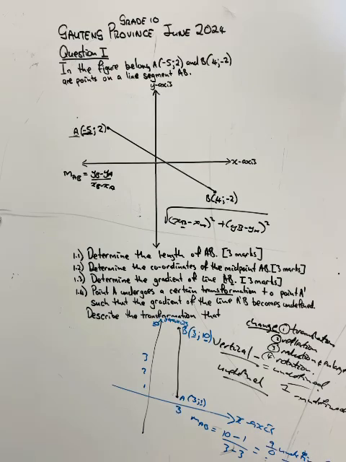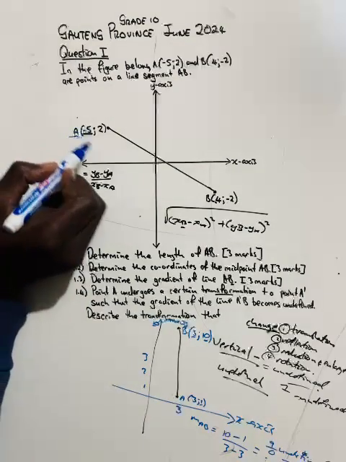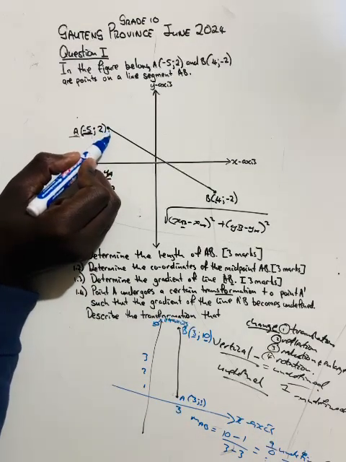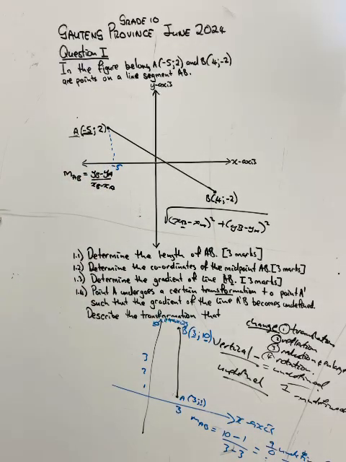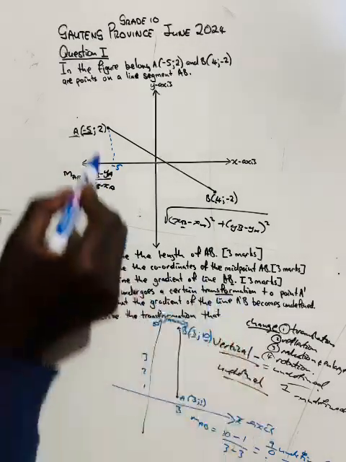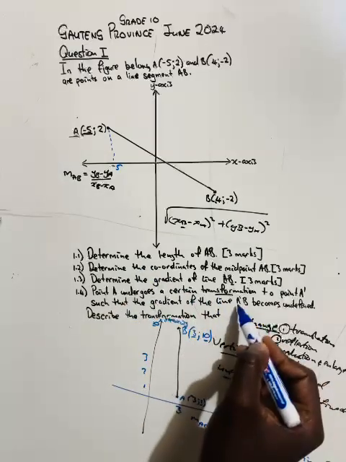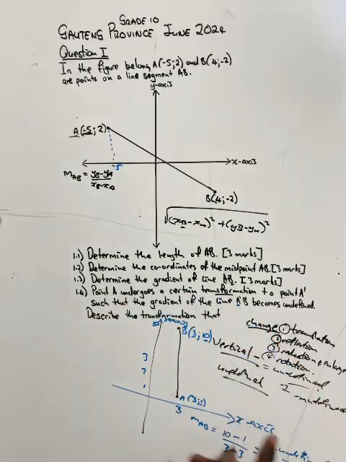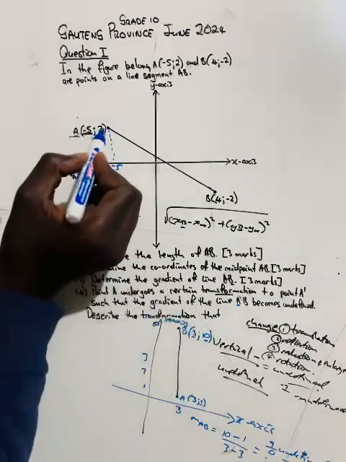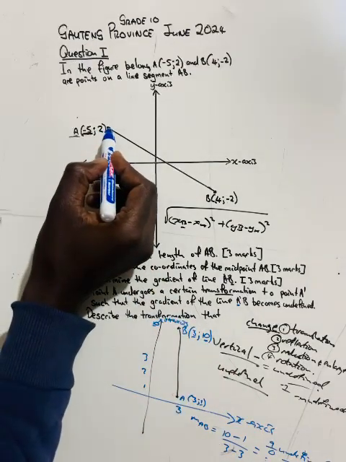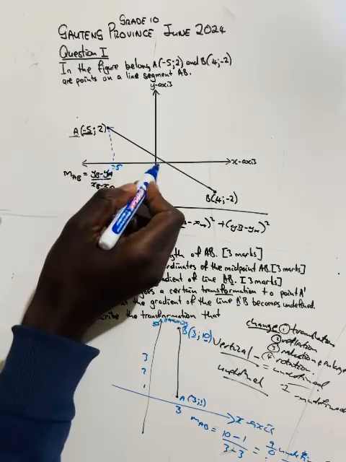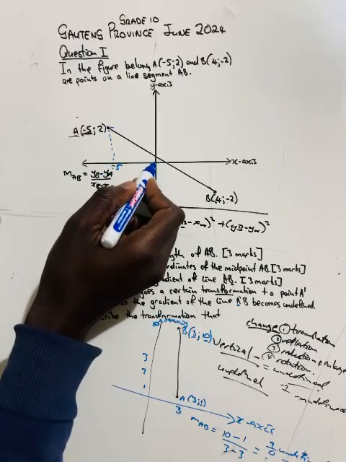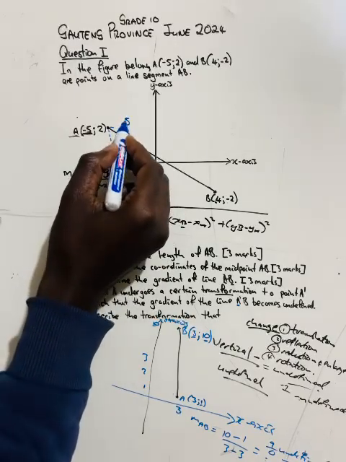So in other words, what am I going to do? Here is my A, this is the -5. Since we have been told that there is a transformation, indicated by this A prime, when does it become undefined? We are now going to count, moving in this direction. From here, -5, to 0, there are 5 units.